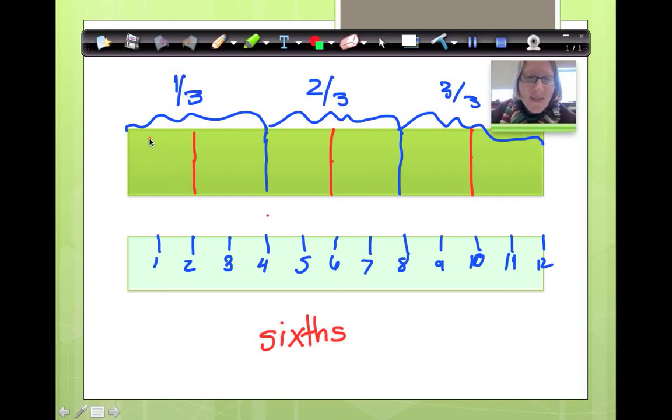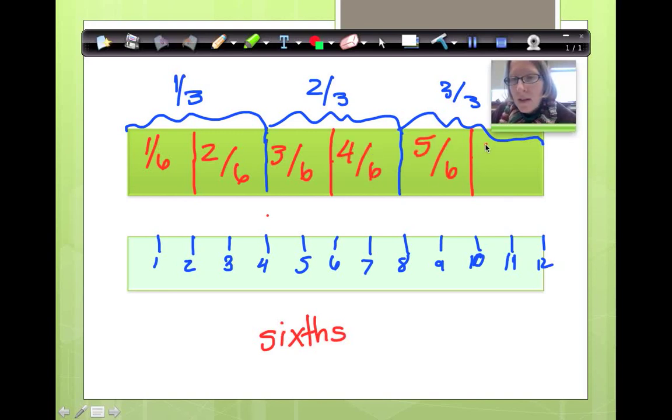We have 1/6, 2/6, 3/6, 4/6, 5/6, 6/6. And that would be 1/6 in between each of our lines here, right? Okay, so how many sixths are in a whole? 6, because we divided or we partitioned it into 6 pieces.